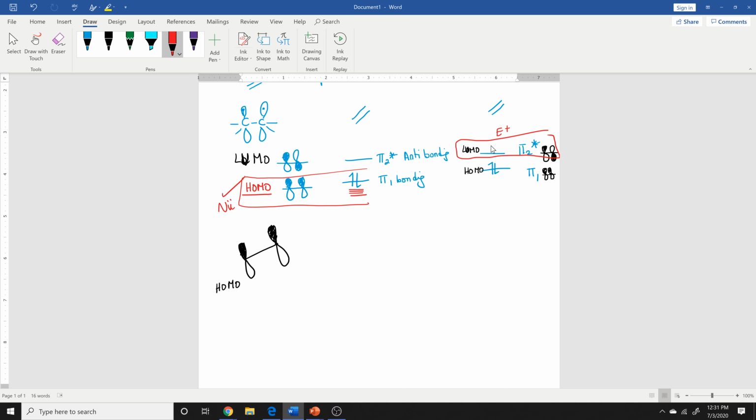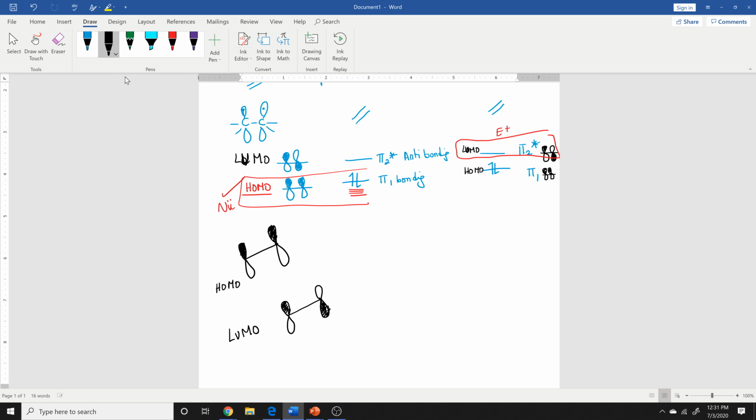So the lowest unoccupied molecular orbital for the second ethene now has the frontier molecular orbital that looks like this. Here you go. So let's go ahead and draw it. This is it over here, and the bottom lobe is shaded. Now, as you can see, I did put them underneath each other.